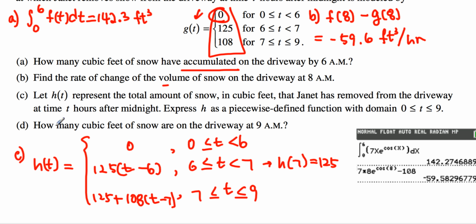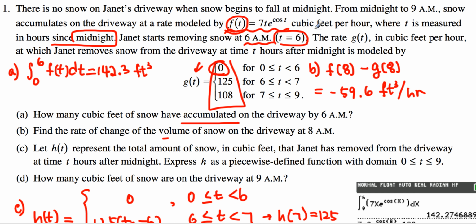All right, now let's try to look at part D. How many cubic feet of snow are on the driveway by 9 a.m.? So we know that the snow is continually falling down till 9 a.m., but Janet is removing the snow by this much.